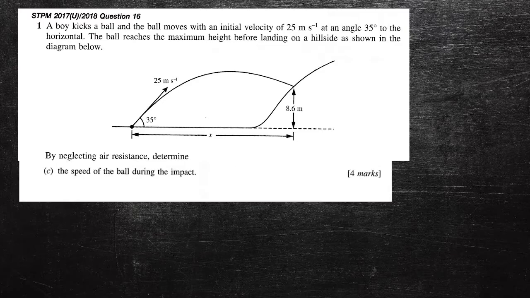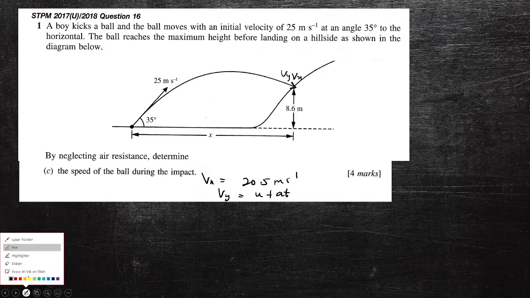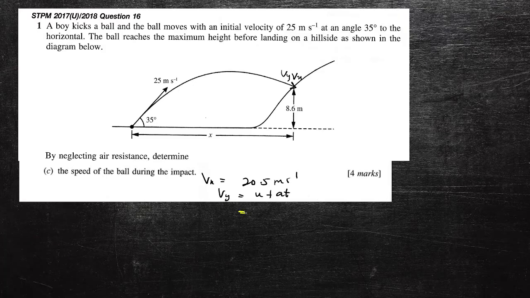Next, the speed of the ball during the impact. So we want to find v, with vx and vy. vx equals 20.5 meters per second, and vx does not change. vy equals u plus at, so vy equals 14.3 minus 9.81 times 2.06.